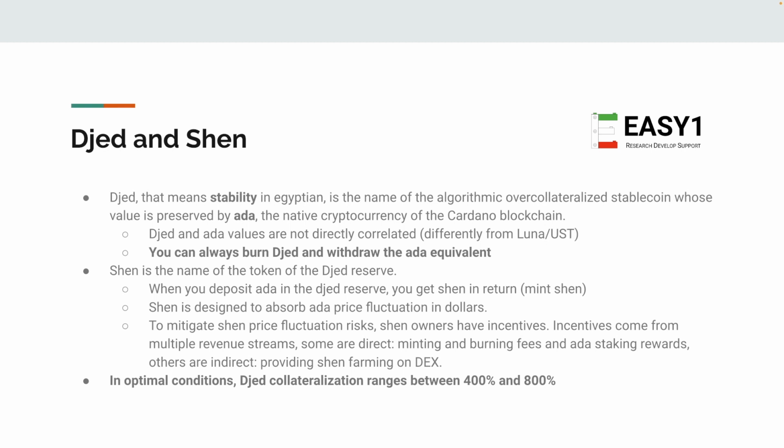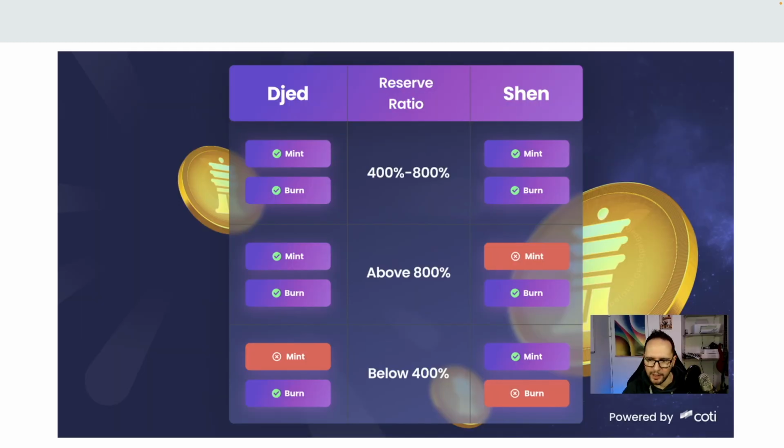There should be MinSwap, SundaeSwap, and WingRiders. In optimal conditions, Djed collateralization should range between 400% and 800%. This is a slide that has been put together by COTI. We will glance at it very quickly, because in a couple of slides we will jump into the simulator and it will be much clearer.